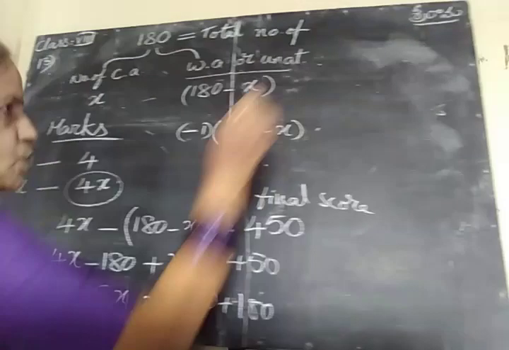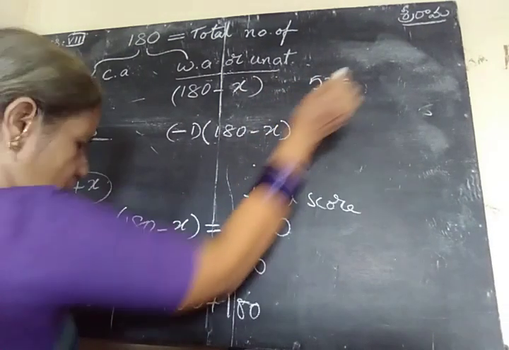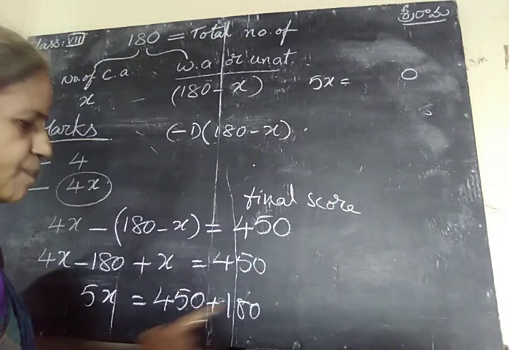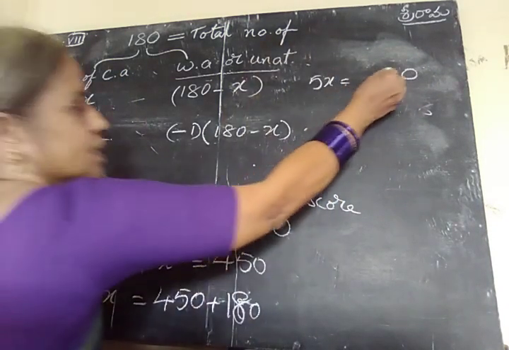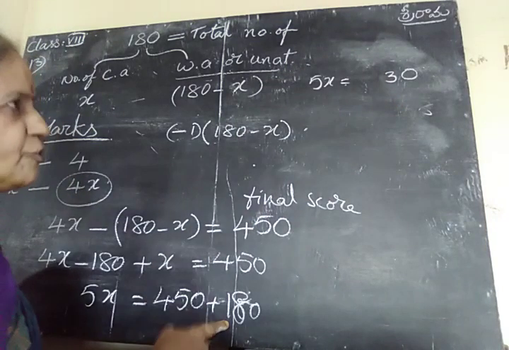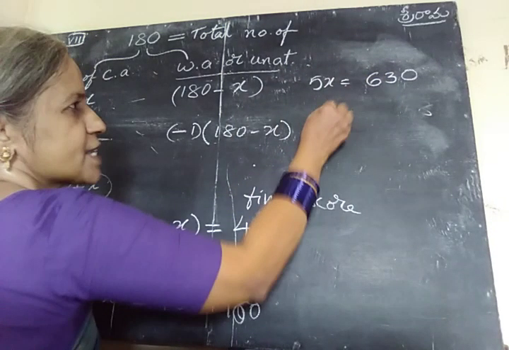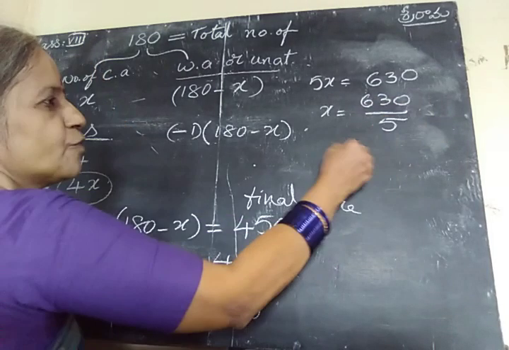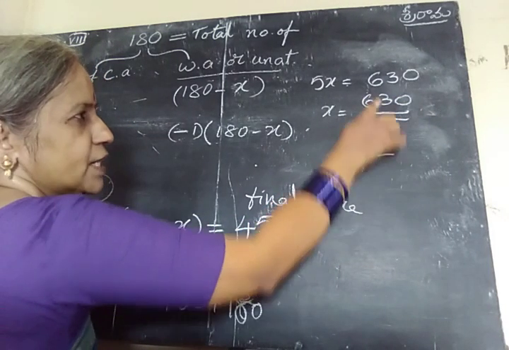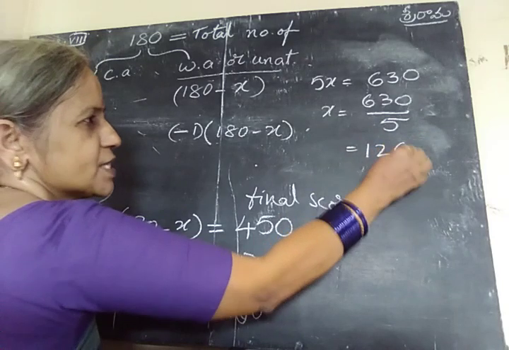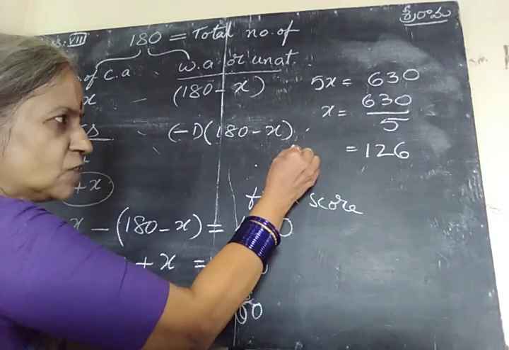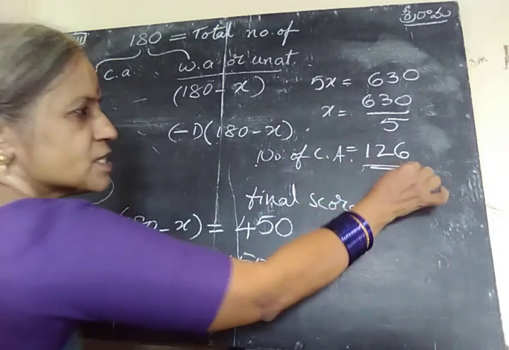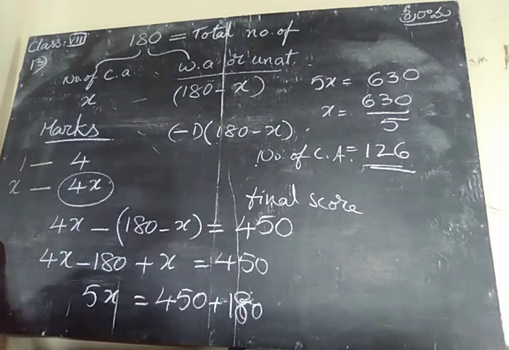So 5x is equal to 450 plus 180, that is 630. So x is equal to 630 by 5. 5 ones are 5, 5 twos are 10, and 30 means 5 sixes. So the number of correct answers is 126.